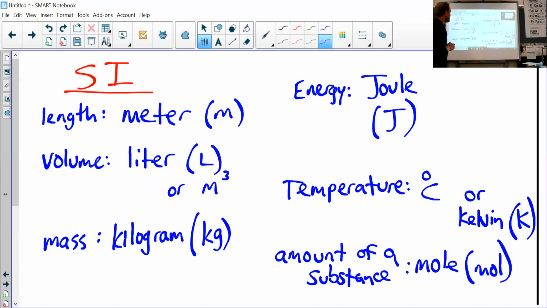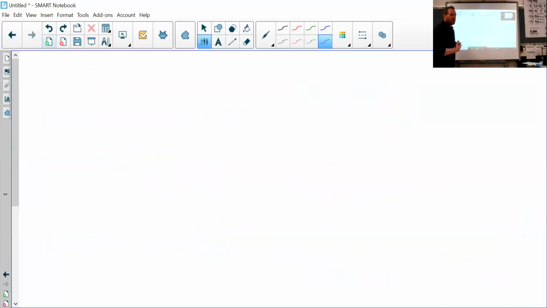Okay. These are the SI base units, but we now need to talk about SI prefixes, because you're not going to get by just using meters or just using liters. You need to be able to put milli, kilo, centi, and all the other prefixes on there. So these are going to be our metric prefixes.